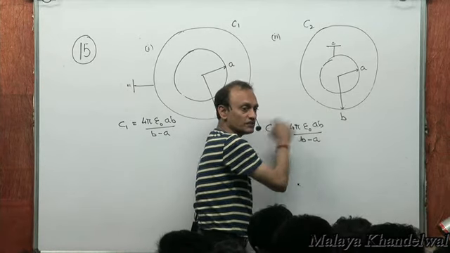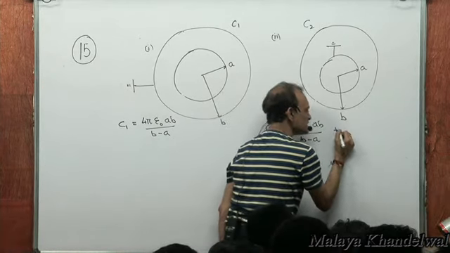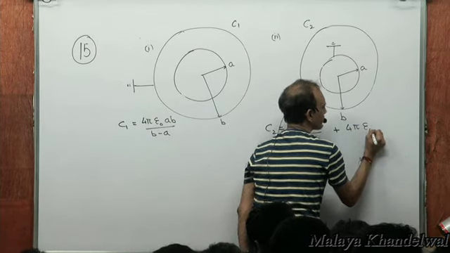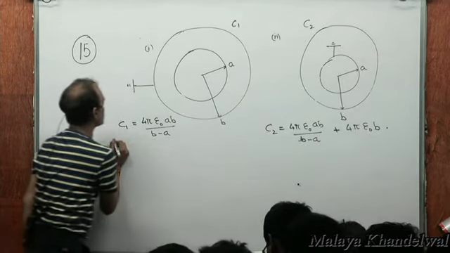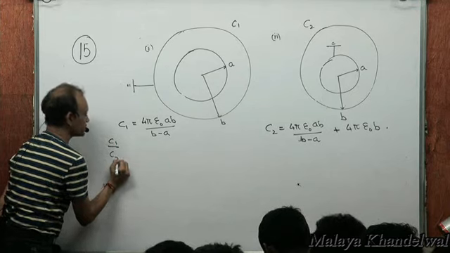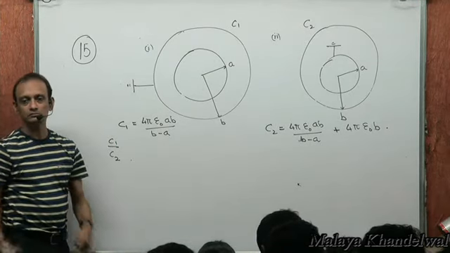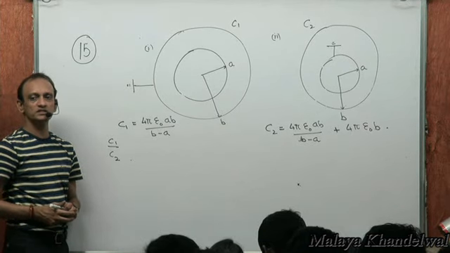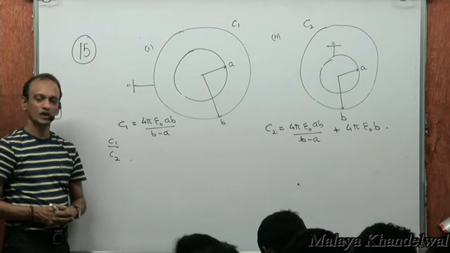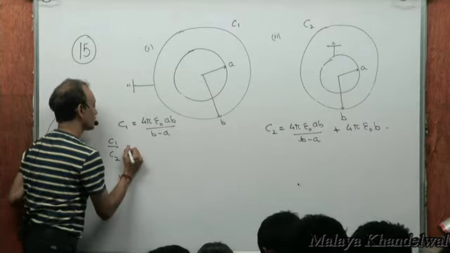This to infinity would be 4 pi epsilon naught B. Have discussed this now? And now all that you need to do is find C1 by C2, whatever it turns out to be. 4 pi epsilon naught will get cancelled and so on and so forth. Right? What does it turn out to be? A by B? Okay. A by B.